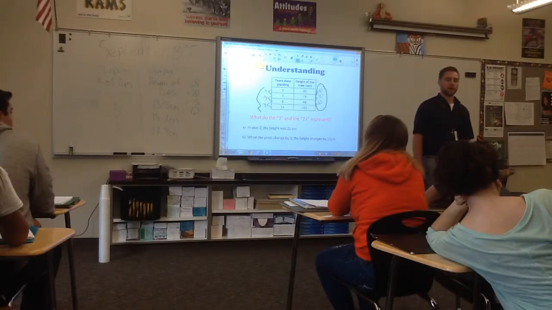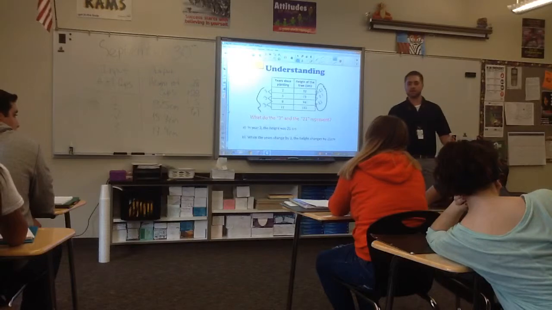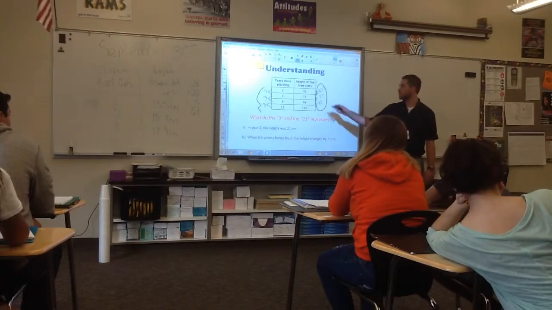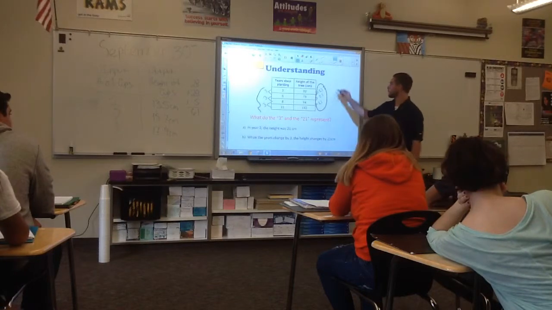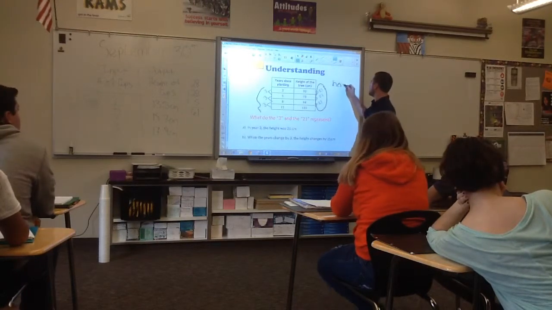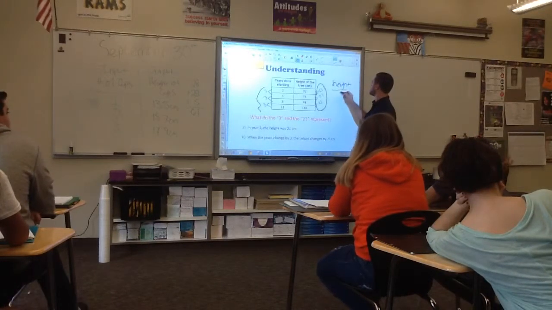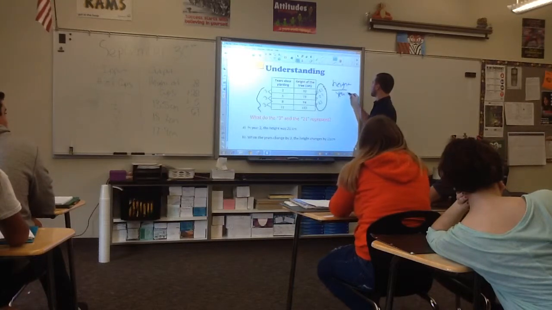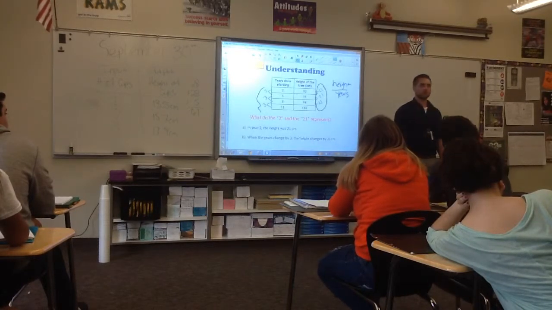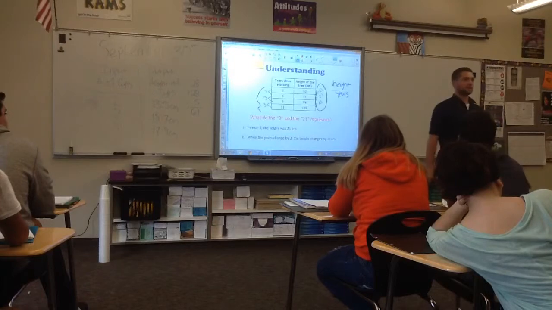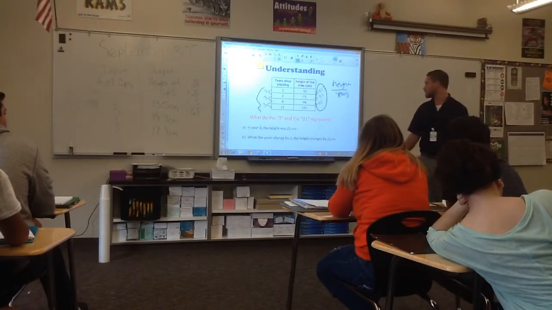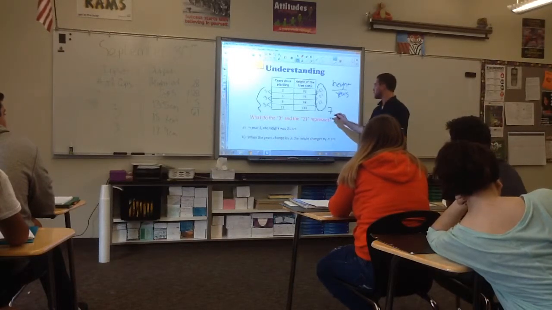Yeah. What is our rate of change? Height per year. Okay, height per years. I'm looking for a numerical value though. Chase? 7. How'd you get 7? Dividing 21 by 3. Good.